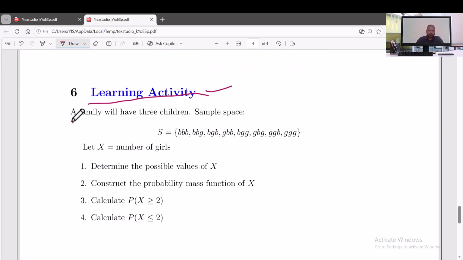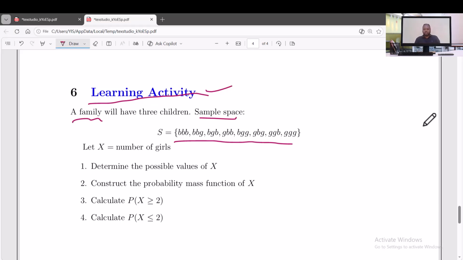Learning activities. A family will have 3 successive children, with a sample space of this: boy, boy, boy, boy, boy, girl, and so on. We don't know in advance whether a mother will give birth to a boy or girl, but we do have this sample space.